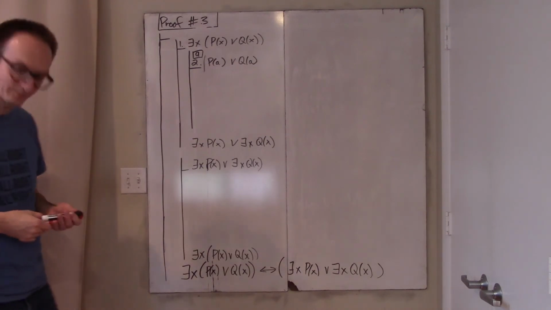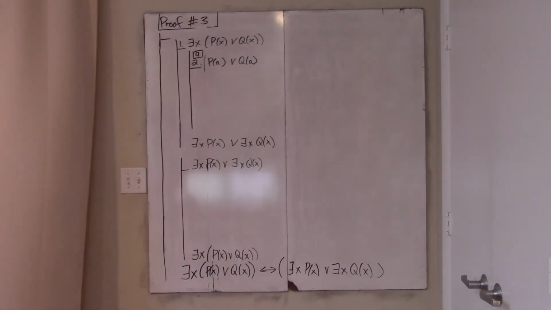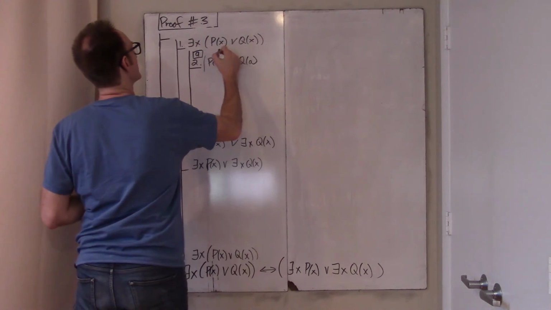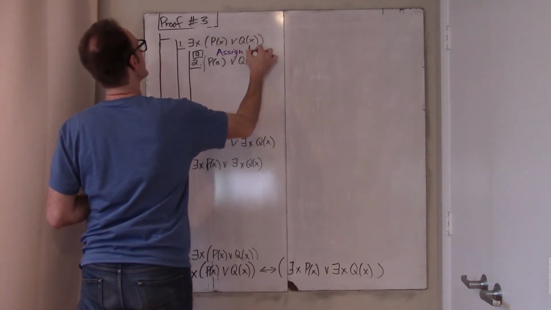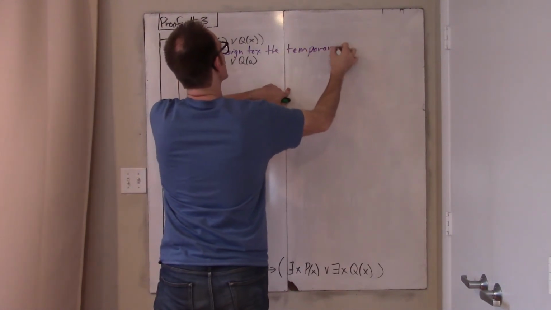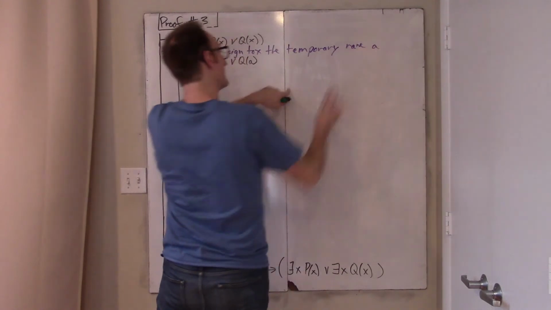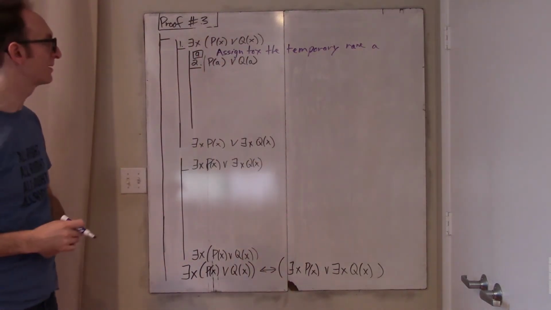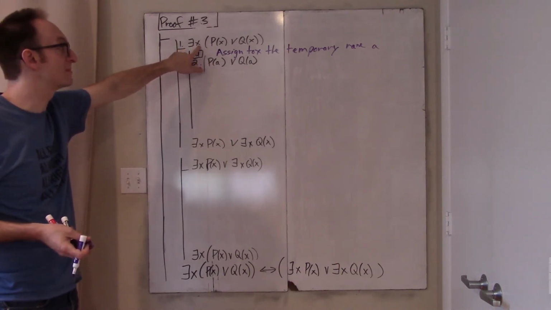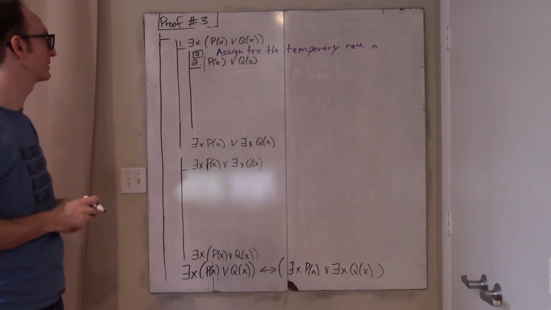And now I will say my catchphrase again: assign to x the temporary name A. I'm just going to write this every time. I use A as a temporary name for the variable x, which I know names a real person because that's what line 1 is telling me.